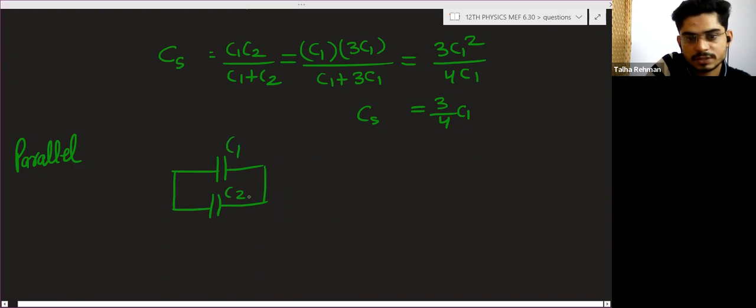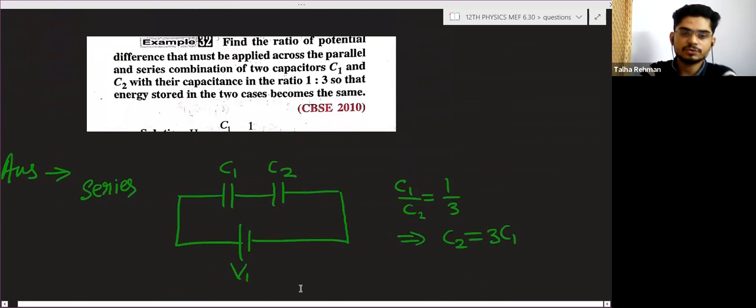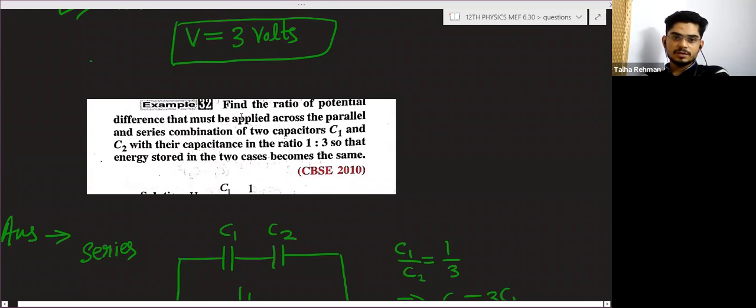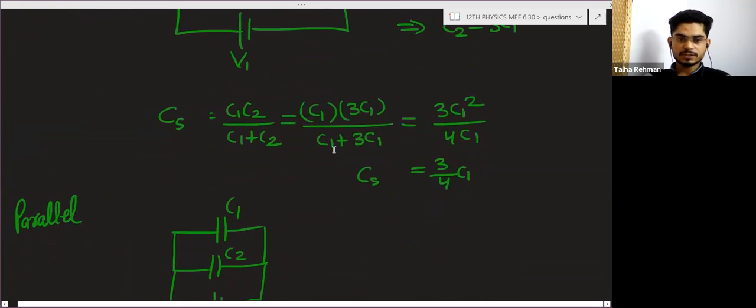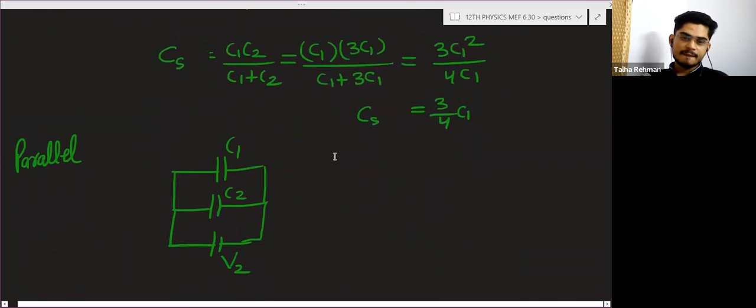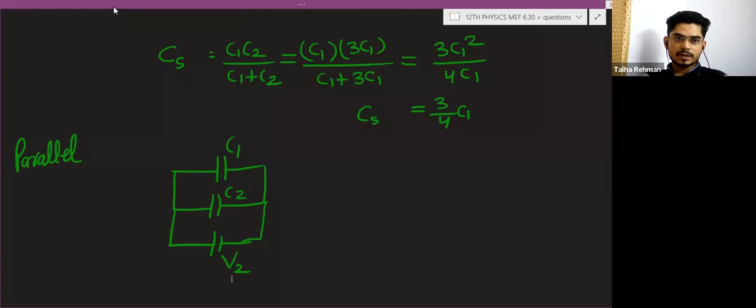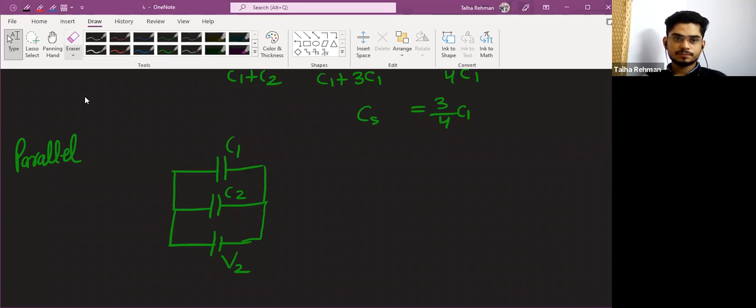This is C1, this is C2, and this time V2. Why am I taking V2 here? See here, find the ratio of potential difference that must be applied across the parallel and series combination. Okay, do one thing more.